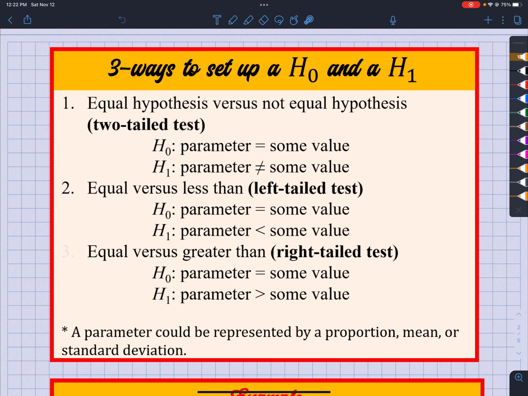It depends on what you say here whether it's a two-tailed test or a one-tailed test. If it's less than, it's a left-tailed test. If it's greater than, it's a right-tailed test. And you're like, what does parameter mean? What does some value mean? Value is actually a number, right? The parameter could be talking about a proportion, a mean, or a standard deviation.